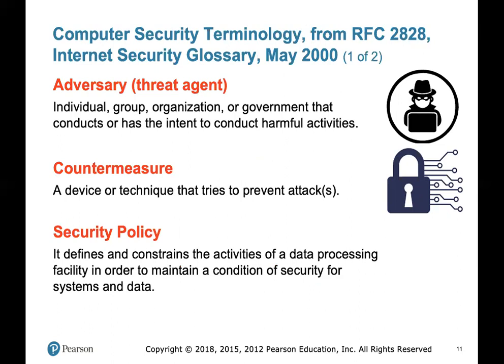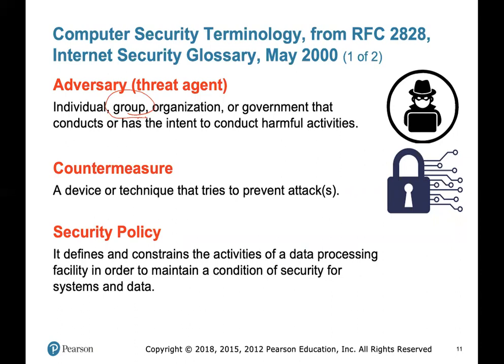The first thing is adversary. Adversary or threat agent is any individual, group, organization. They might be a group. I'm sure that you have heard about cyber attacks, where they say, for example, that a government was supporting such a group. So sometimes it is not one person.